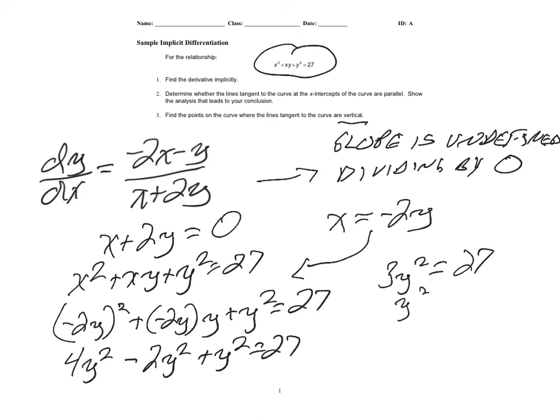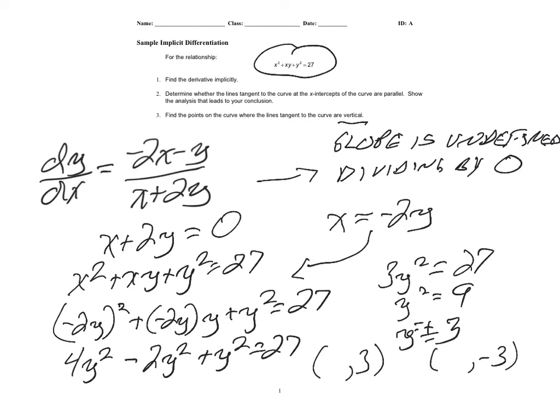So y squared equals 9, and y equals plus or minus 3. So my 2 points will be y equals 3 and y equals negative 3.